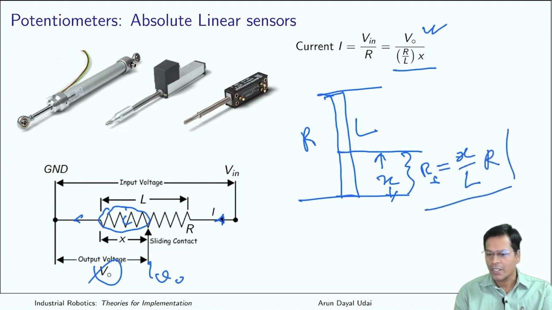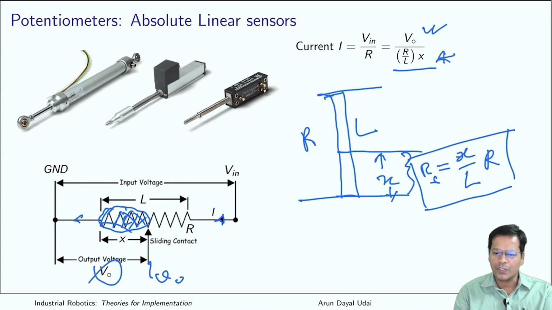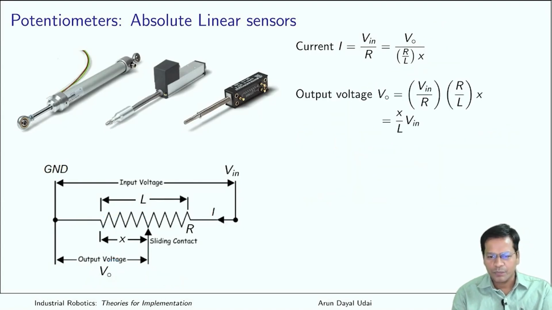This is the resistance of the small strip covered here. Moving ahead with some cross multiplication, you see the voltage output is equal to V in by R times R by L times X.